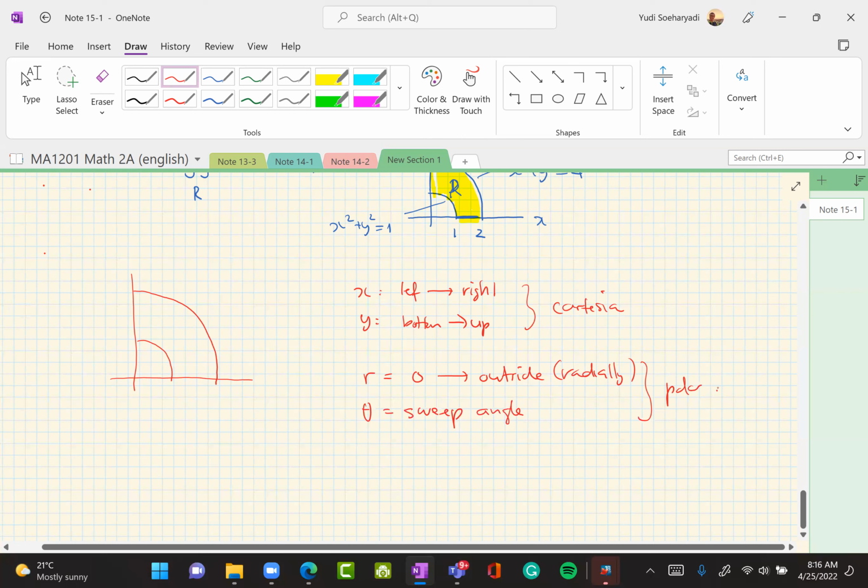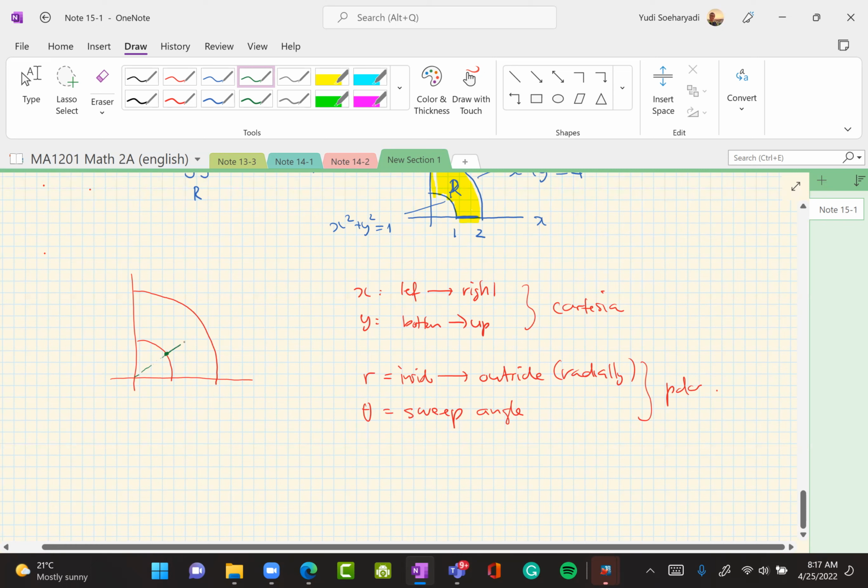All right, so with this one, what about not really from zero, but from inside to outside, radially? Let's see the r now. r is from inside to outside, really going radially.